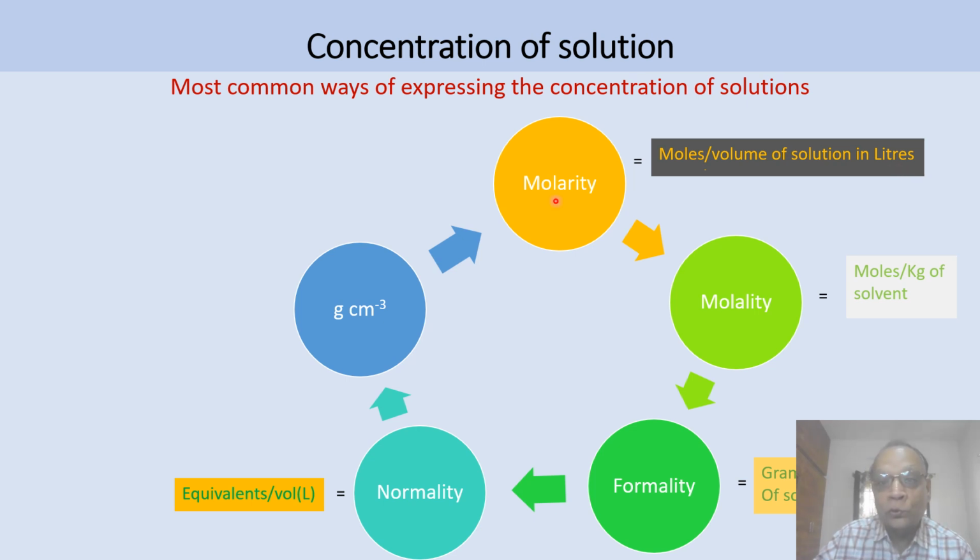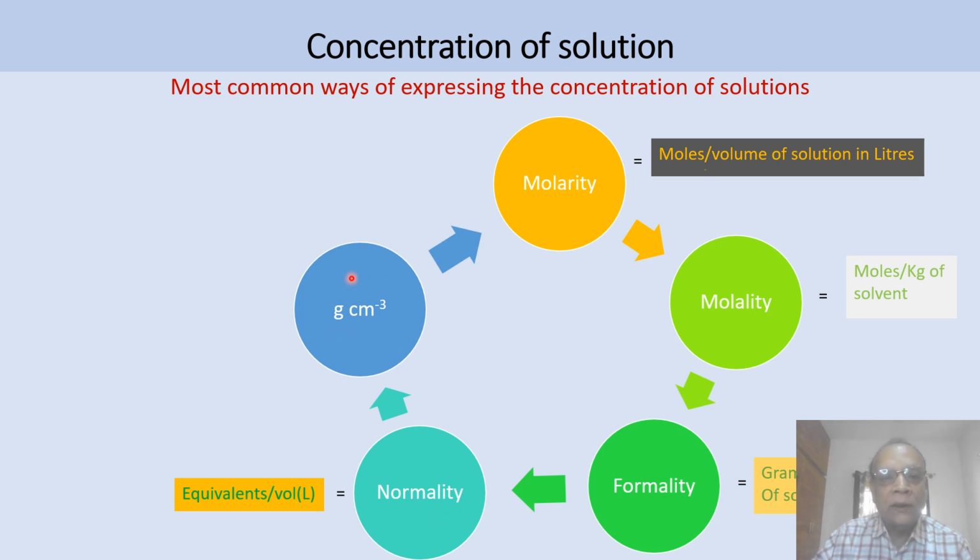But here we use equivalents instead of number of moles. So one equivalent weight of solution is known as 1 equivalent. Suppose we have 23 grams of sodium. So 23 grams of sodium is 1 equivalent of sodium, and if it is dissolved in 1 liter of a solution, then its normality will be 1.